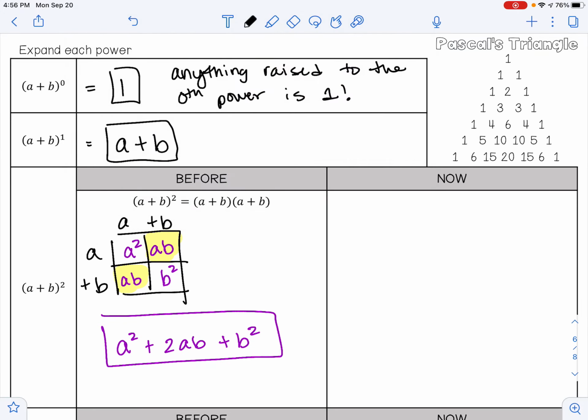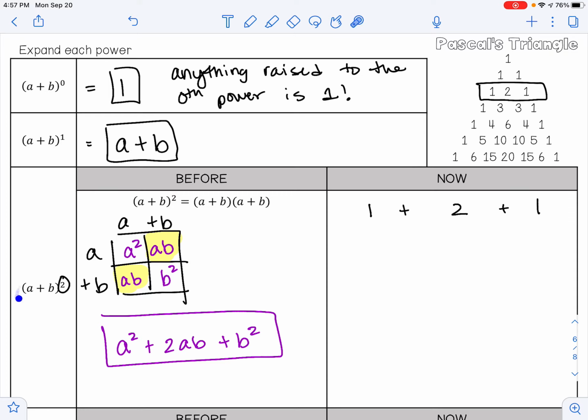Now that we know Pascal's triangle, let me show you how to multiply these using this. My exponent is 2, so I'm going to go to that row. Remember, it's row 0, row 1, row 2. These are my coefficients. So my coefficients are 1, 2, and 1. Because we're adding, we would have addition here.